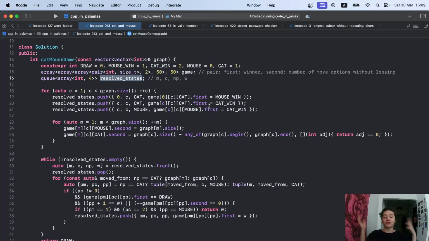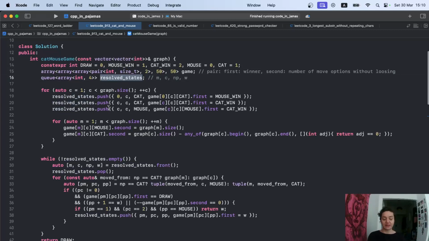We may have to push all possible states there. And all possible states are graph size on graph size. Where is the mouse, where is the cat, times 2, his turn or his turn. So I can ignore the 2 times, it's just where is he or where is he. So this is n squared. The resolved state queue is n squared. So the space complexity is n squared.